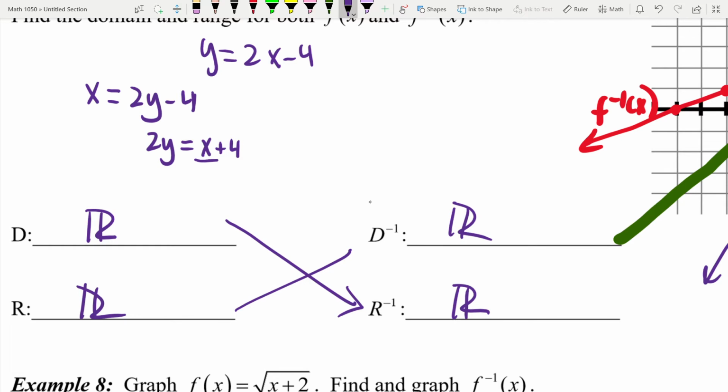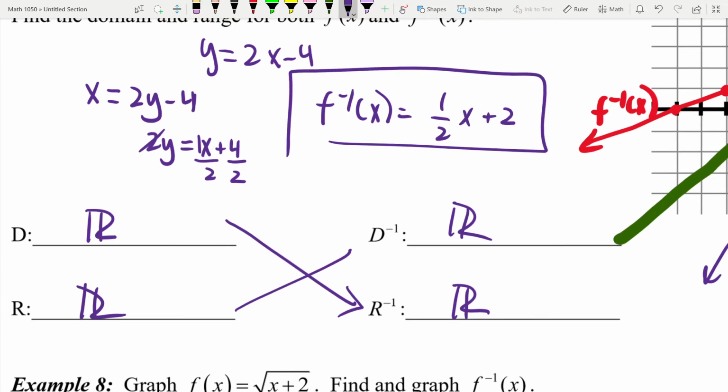I divide each term by 2 separately. Then it's y equals, but I have to label it as an inverse, so f inverse of x equals. I could write it as x over 2, but that's kind of awkward. There's a 1x over 2, so push the 1/2 in front. That's 1/2 x plus 2. That's your answer, and you got it.